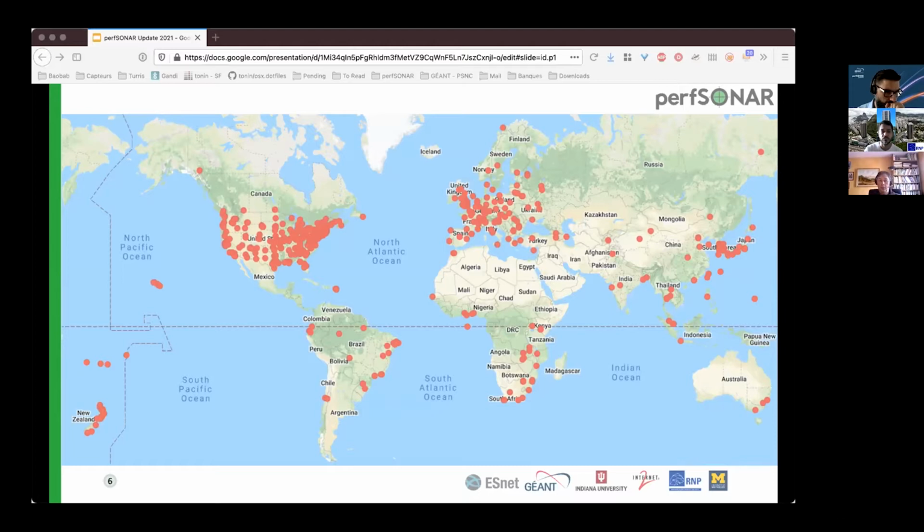In the past, it had been mostly in the United States and a bit in Europe, and Brazil, yes, of course. But now we're starting to see really perfSONAR deployments all around the world, and that thanks to different events and training that has happened in the last year.